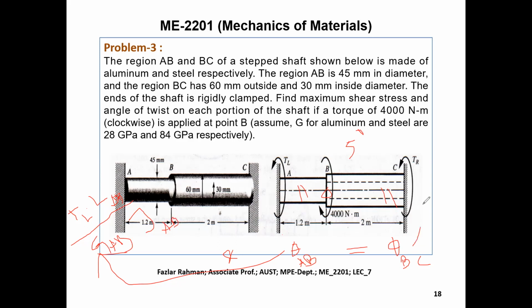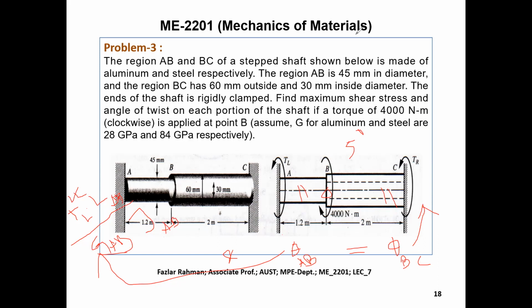Then theta BC, similarly, will be TR, LBC divided by JBC and GBC. We can say this is equal to this much, okay? Then we can solve it to figure out TL and TR.